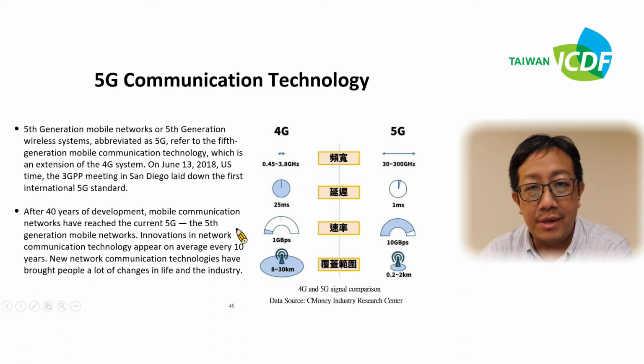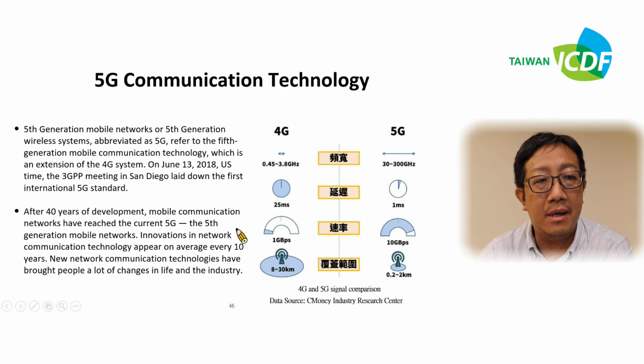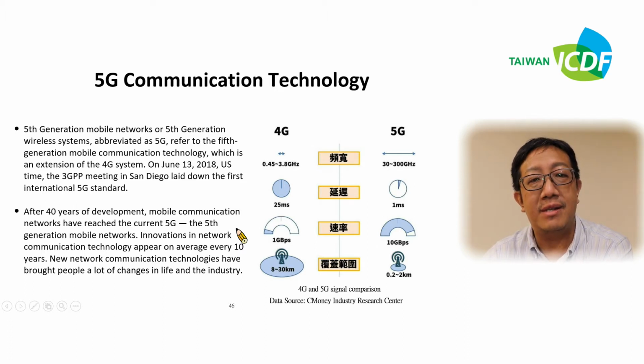The 5G communication technology, the 5th generation mobile network, or the 5th generation wireless system, abbreviated as 5G, refers to the 5th generation mobile communication technology, which is an extension of the 4G system.